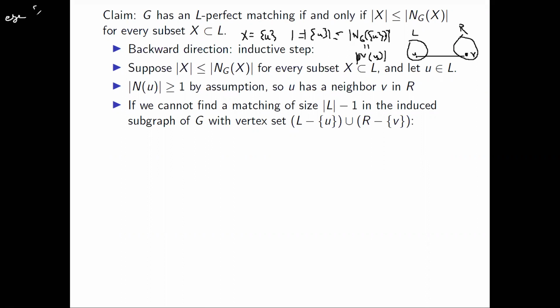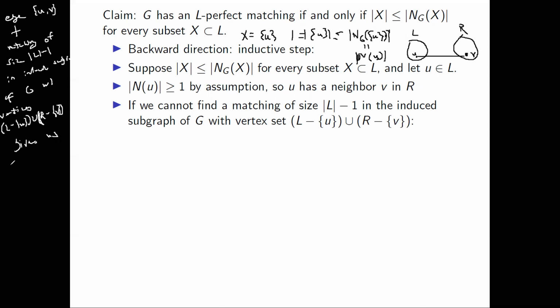So the edge UV plus a matching of size L minus 1 in the induced subgraph of G with vertices L minus U union R minus V. So that edge UV plus a matching of size cardinality of L minus 1 in that induced subgraph where the vertices are L minus U and R minus V, that would give us an L perfect matching in G.